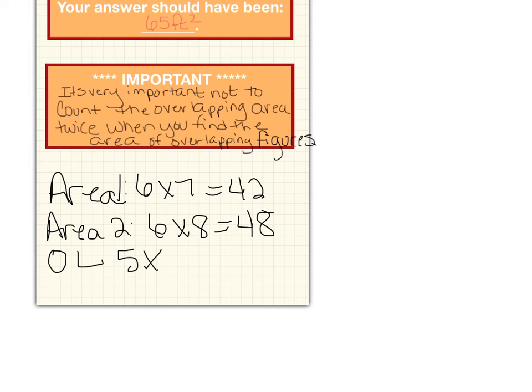Oh no, it looks like it was 5 by 6 because there were 2 feet not counted. Oh no, it was 5 by 5, so that equals 25.